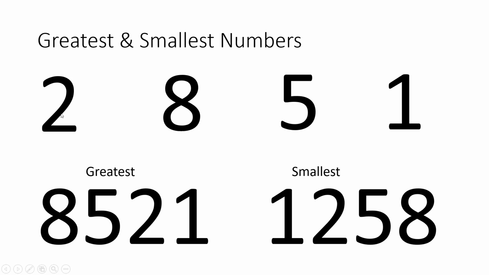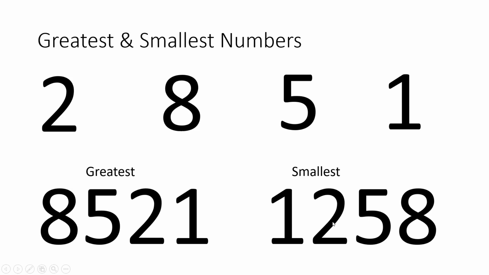Similarly, we have been left with 2, 8, and 5. So we pick, again, the smallest number, which is 2, right, for the hundreds place. Other than this would make it, let's say if we pick 5, 1500, but if we pick 2, it will make it 1200.